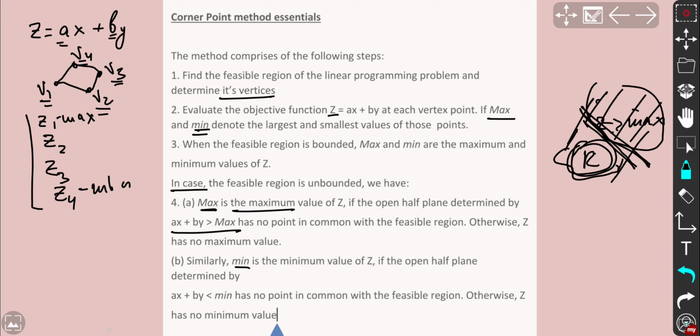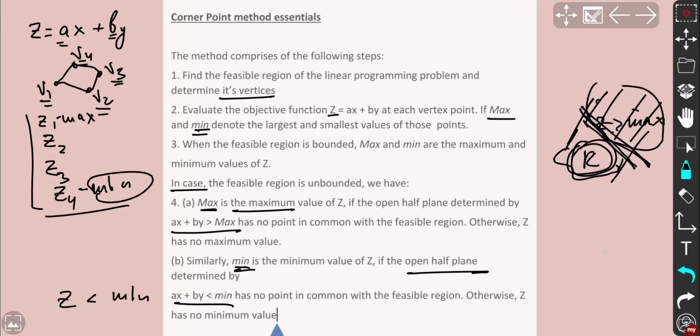So if you calculated, let's say, z4 as the minimum value of z, then only in the case if the open half plane determined by the other inequality, in this case z is less than the value that you calculated on the previous step, has no points in common with the feasible region, then you have min as the minimum value.